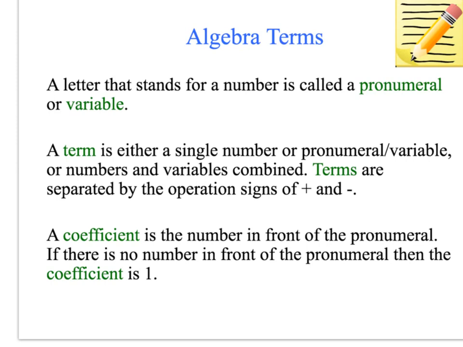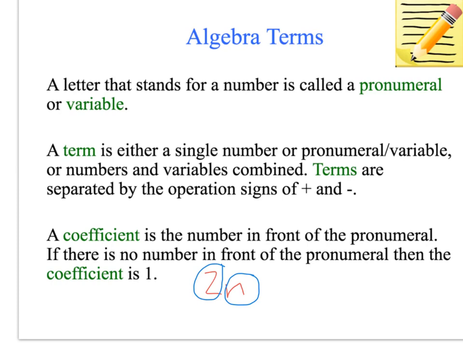Now, a coefficient is the number in front of the pronumeral. So it might be 2n like in the previous example. The number 2 is the coefficient, and the n is the pronumeral.